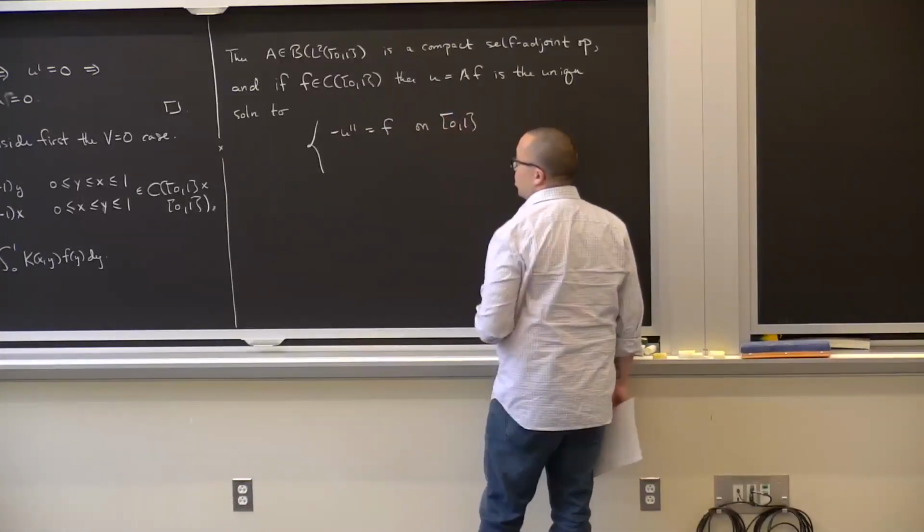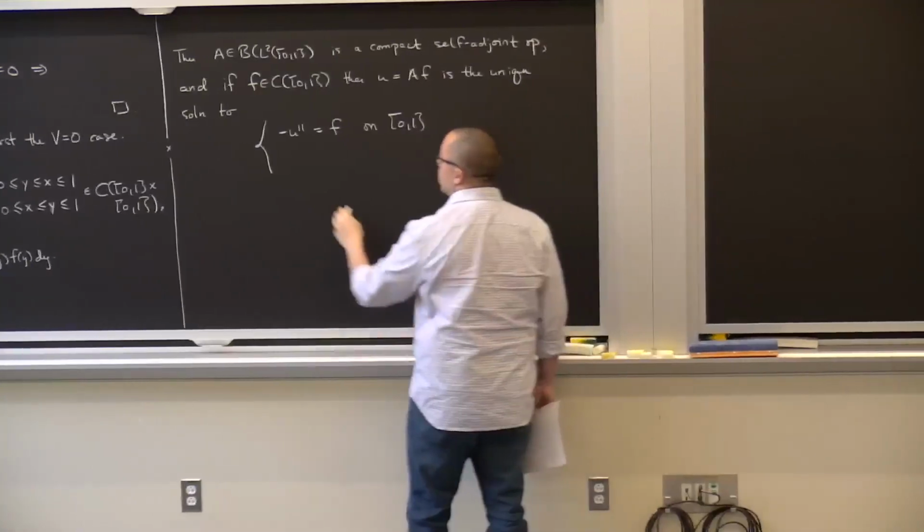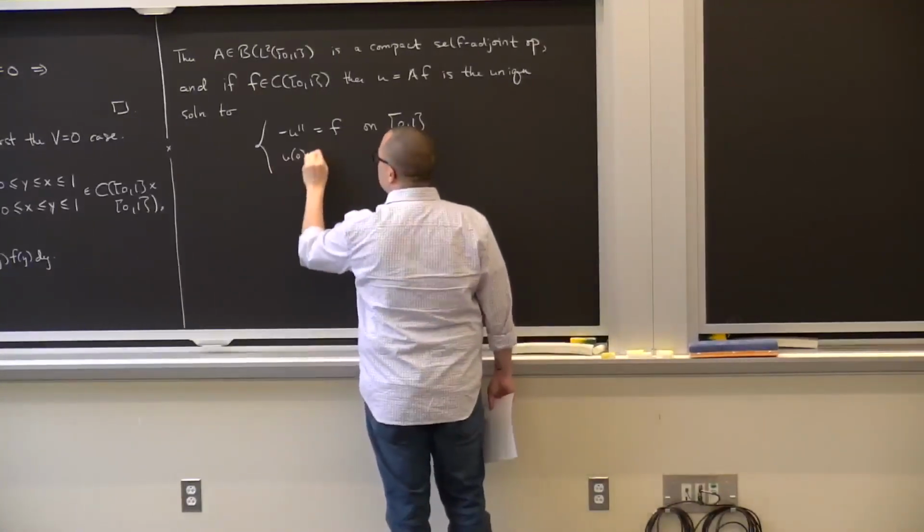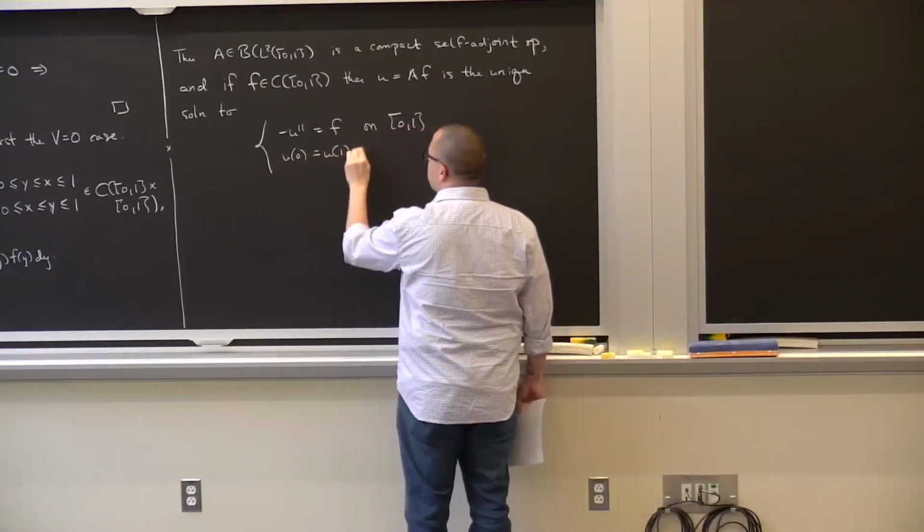I'm not writing out all the arguments of x, but it should be understood. u of 0 equals u of 1 equals 0.